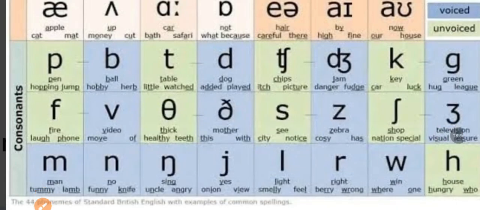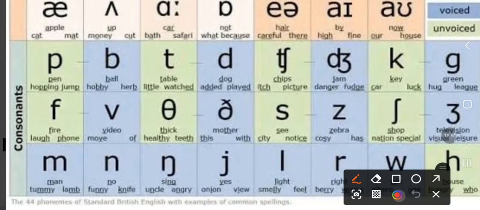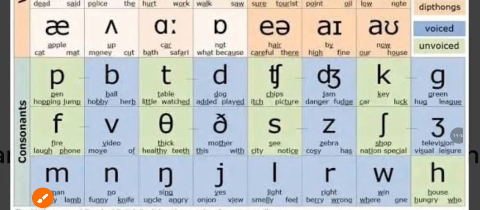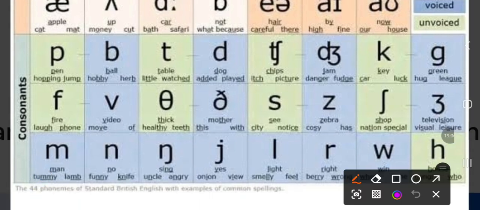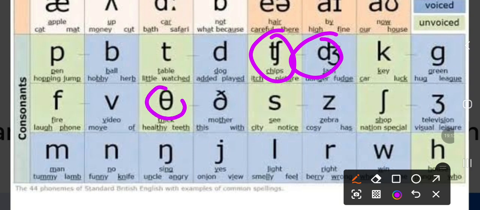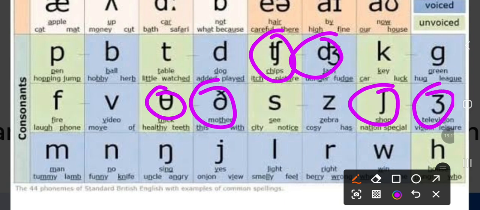Now, these are the new sounds. What are they? 1, 2, 3, 4, 5, 6, 7, right?